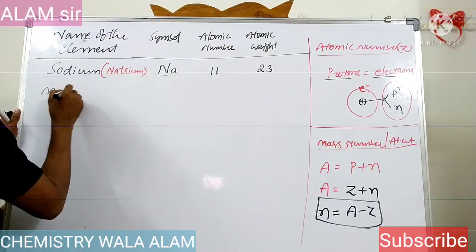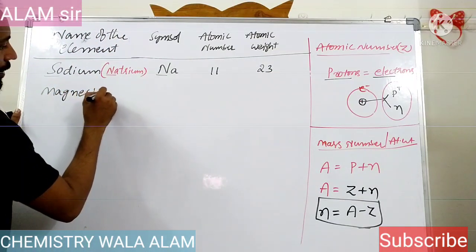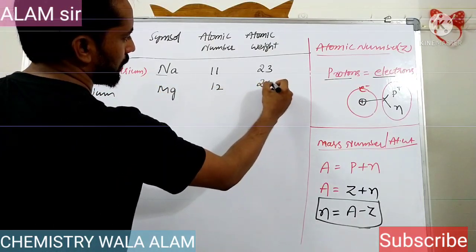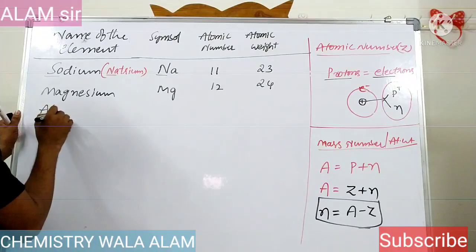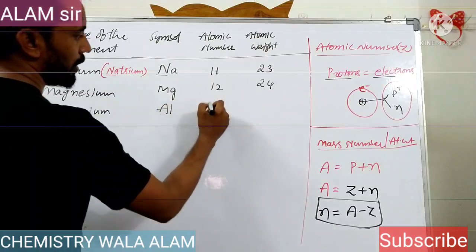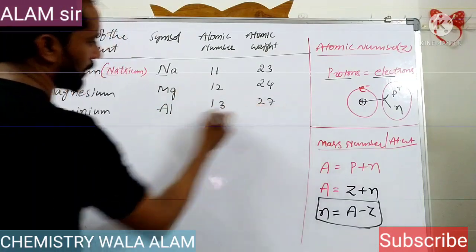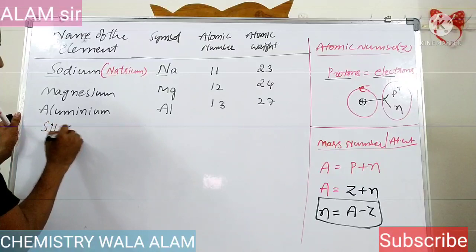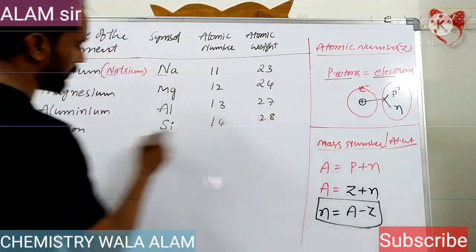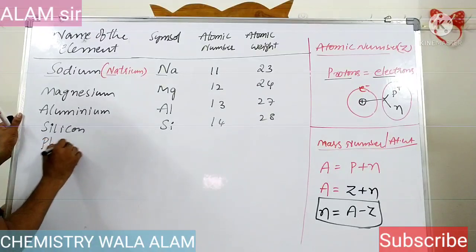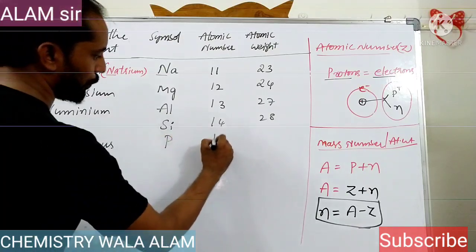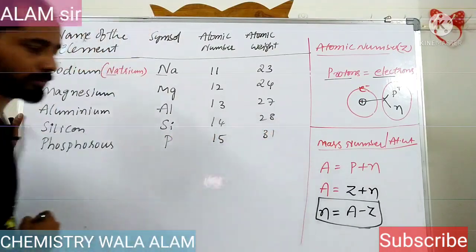Next, magnesium. Magnesium Mg, atomic number 12, atomic weight 24. Aluminium Al 13, 27. Silicon Si 14, 28. Phosphorus P 15, 31.